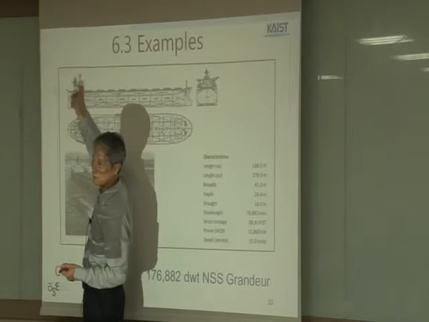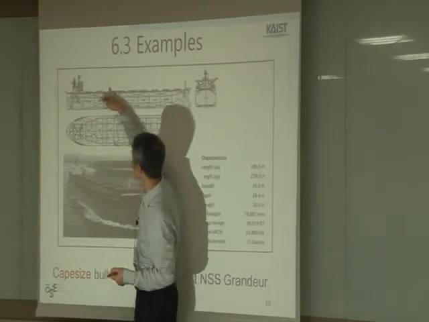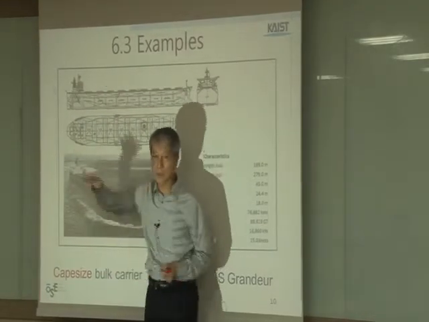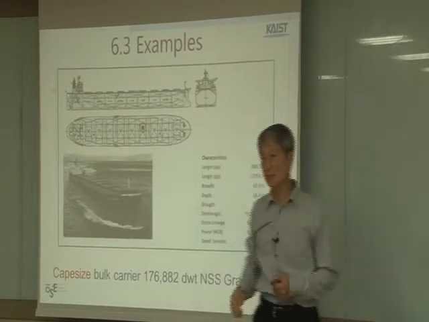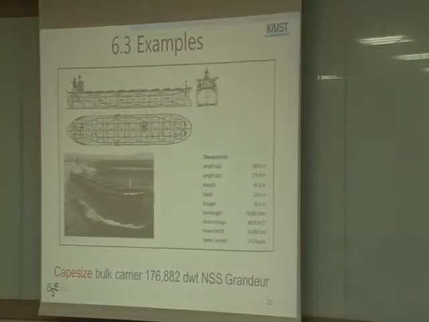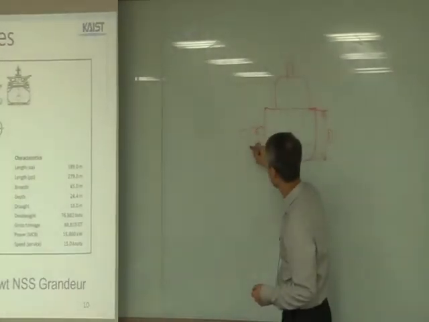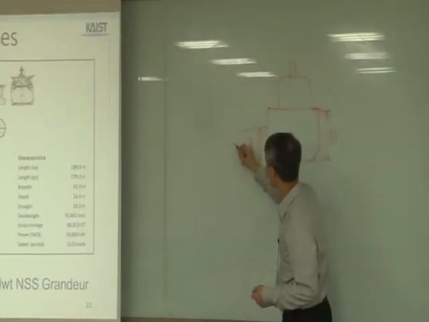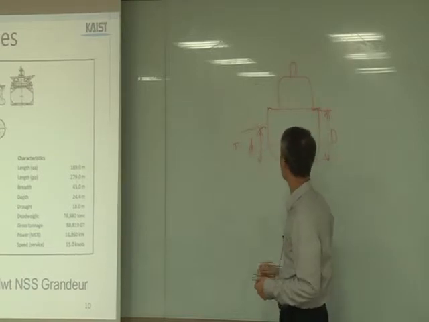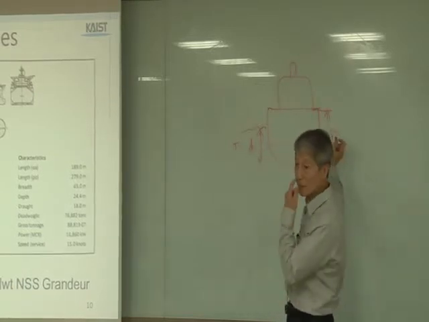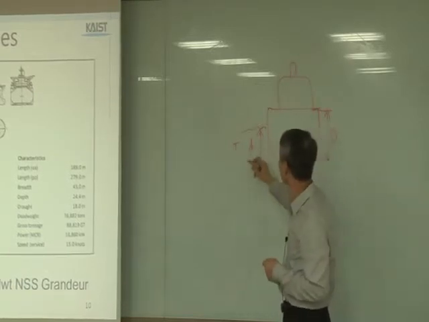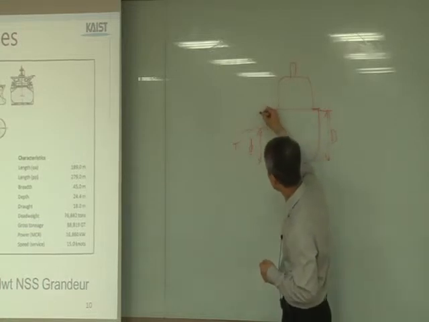So the upper deck is this one. Up to the upper deck, we call this the depth. And draft is around here, right? Draft is D or T. Sometimes you use T, but usually small d, large D, draft. Depth and draft. We call this a freeboard.